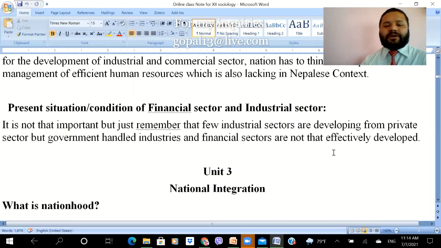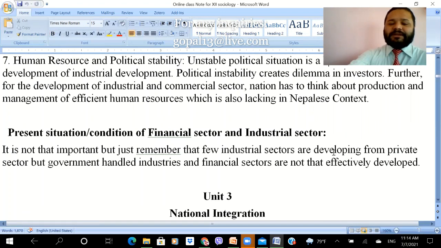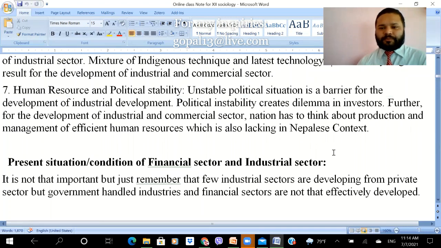Okay, the present situation or condition of the financial sector and industrial sector. We all know about it very well, because we know how flourished our economic system is and how developed our industrial sector is. We don't have big industrial sectors yet which would ensure employment for young, energetic people.